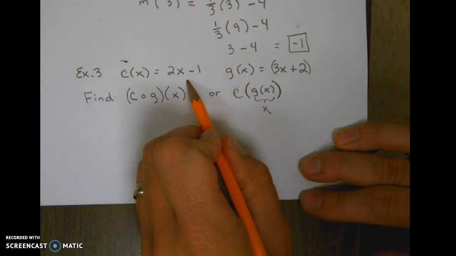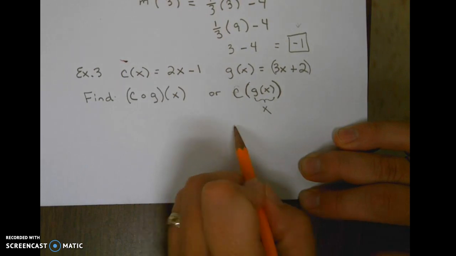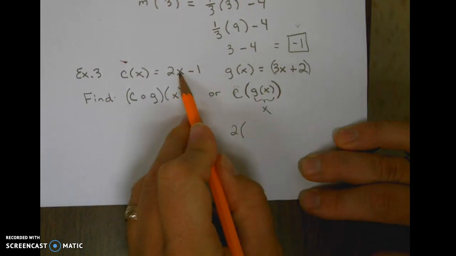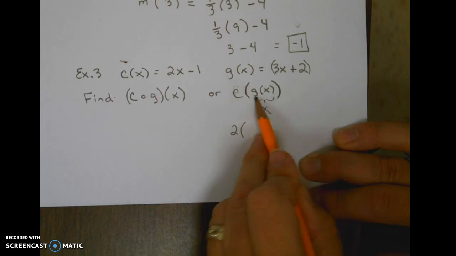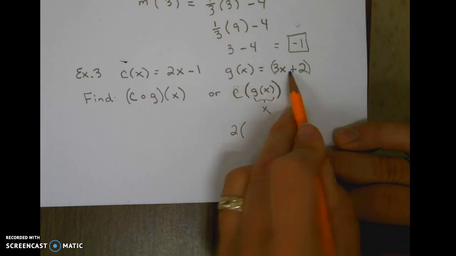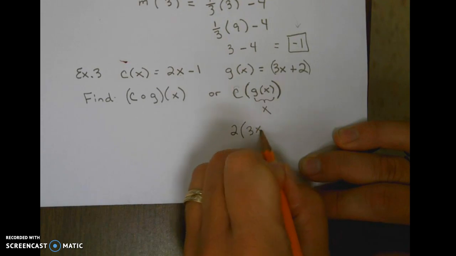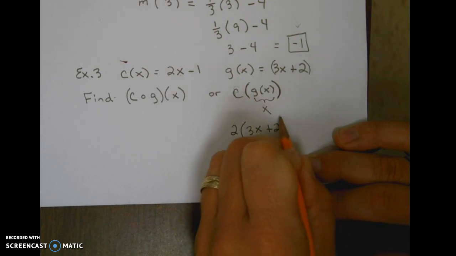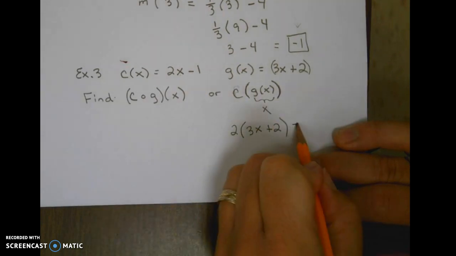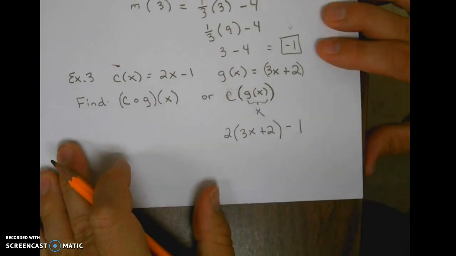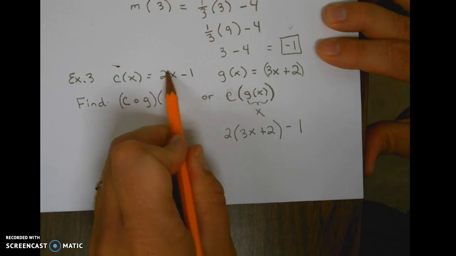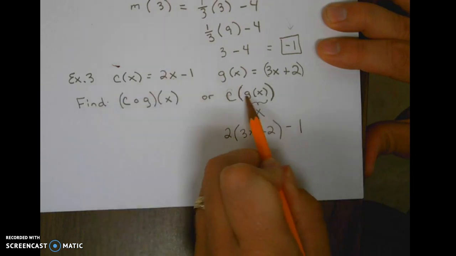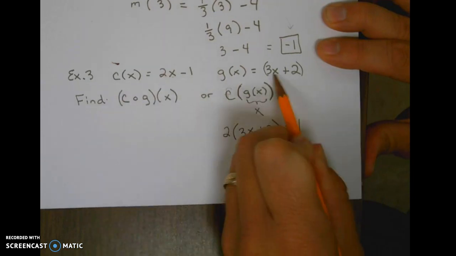So here we go. So 2, and then x. So what does x represent? X is g of x. So we're going to put 3x plus 2 minus 1. Notice the x in this function has been replaced with g of x, which is 3x plus 2.